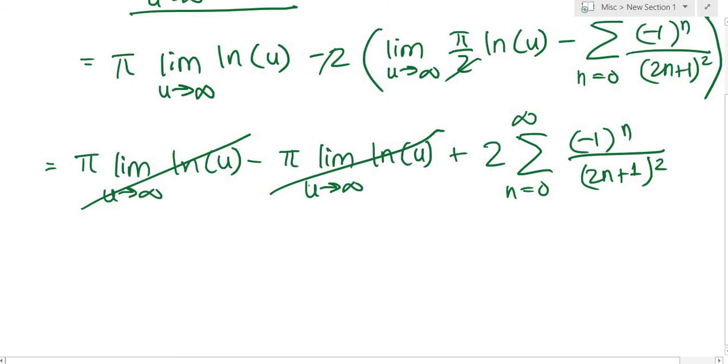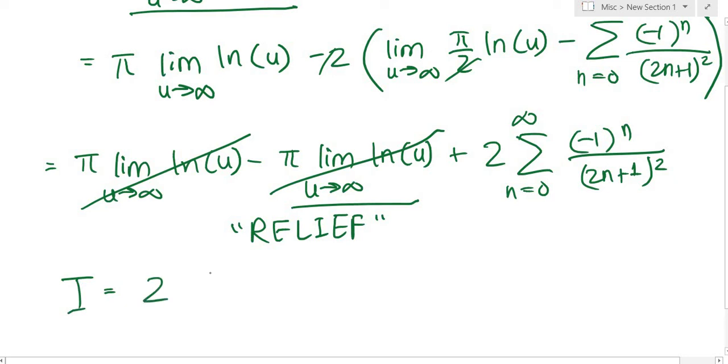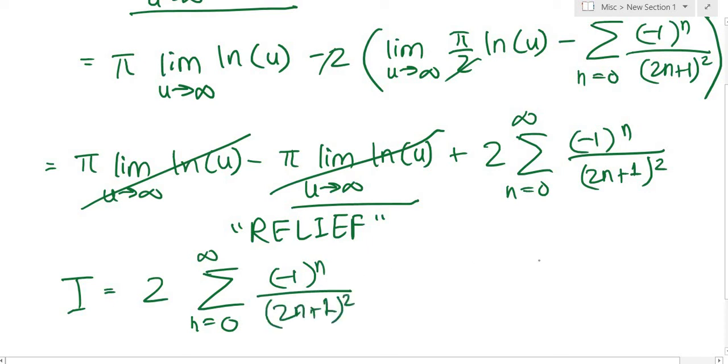Isn't that a great fact? Because if we just had this term, letting u approach infinity, the natural log of u would have made it blow up to infinity. So that's actually a relief, just like my last video. So all we are left with in our I is just 2 times this crazy series from n equals 0 to infinity of negative 1 to the n divided by 2n plus 1 term squared.